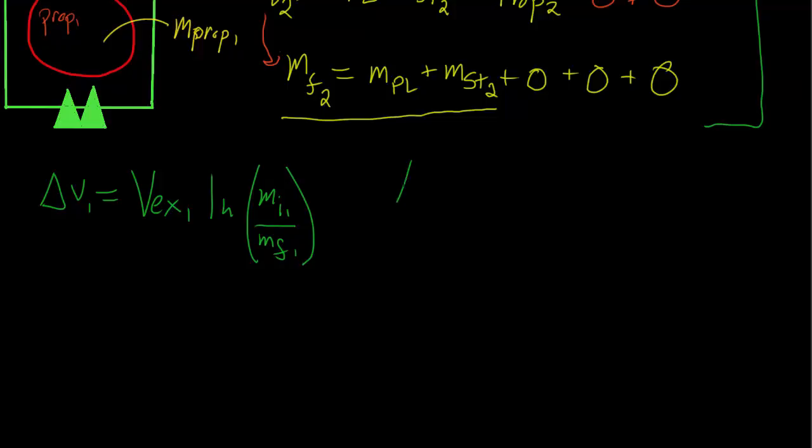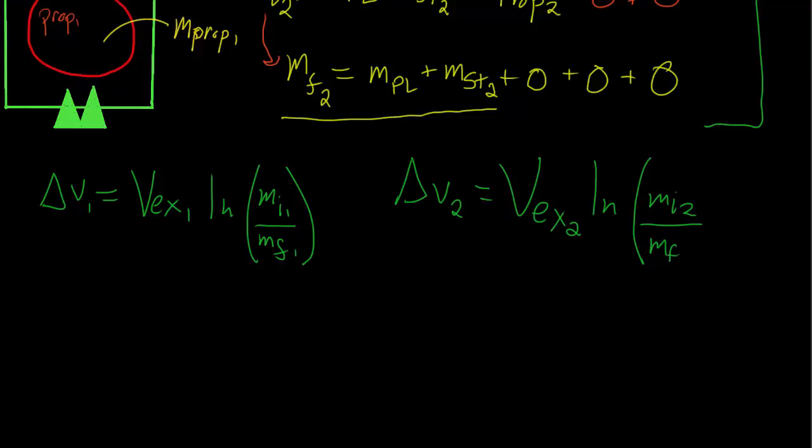And likewise, the change in velocity for stage 2 is equal to the exhaust velocity we experience in stage 2 times the natural log of the initial mass of stage 2 divided by the final mass of stage 2.